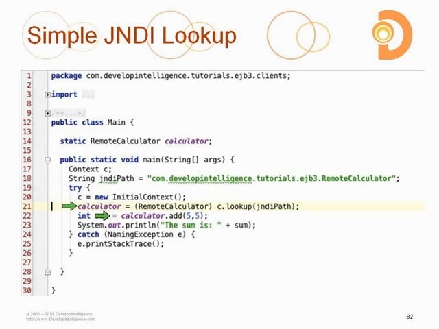The data that I pass into add is marshaled automatically across the wire for me. The result that's returned is marshaled and unmarshaled automatically for me. So it looks and feels like I'm doing a local Java call. I go ahead and print out the result and move on with life. So there's a very basic example of a JNDI lookup and a very basic example of accessing a remote session bean.